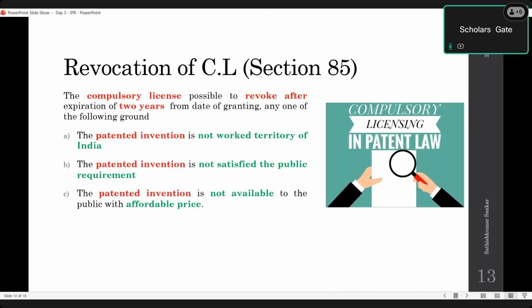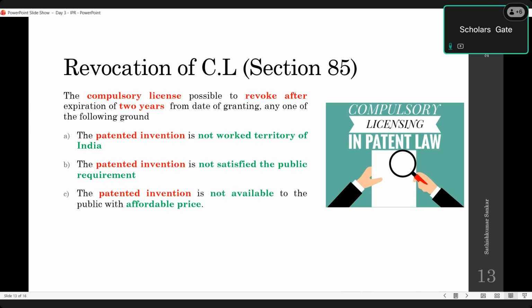So what are the things? Once the compulsory license is approved by the controller, the compulsory license owner should be satisfied about what is available and what takes place after the compulsory license is given within 2 years.